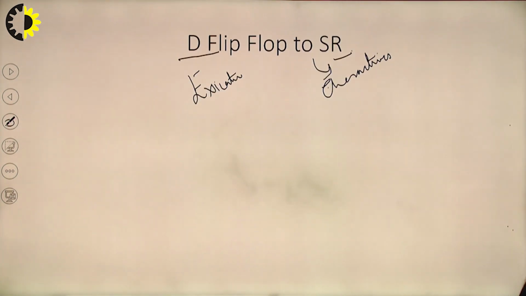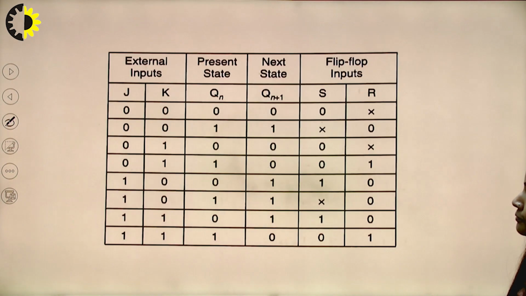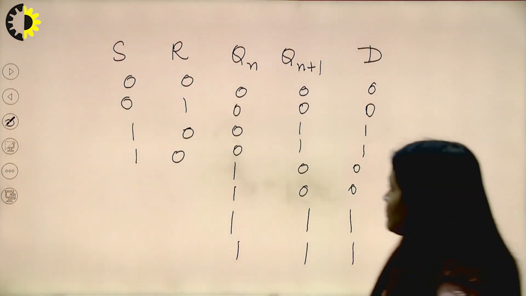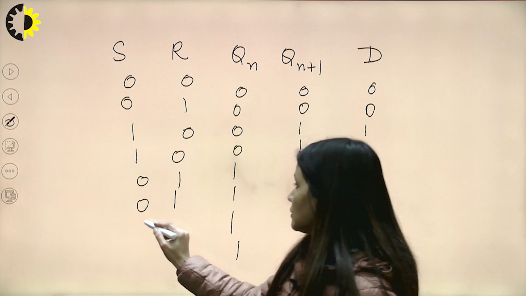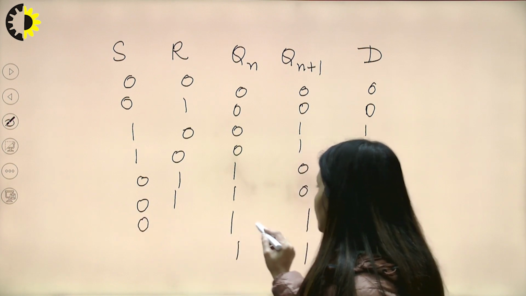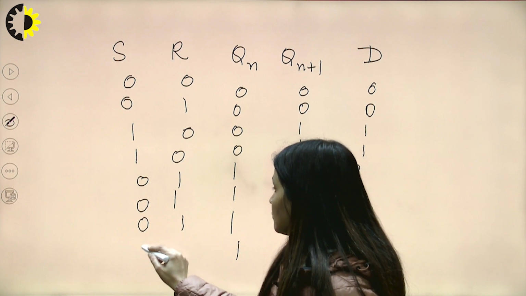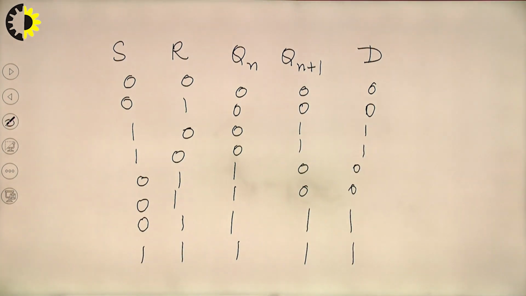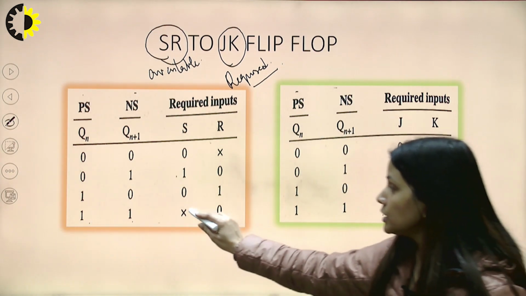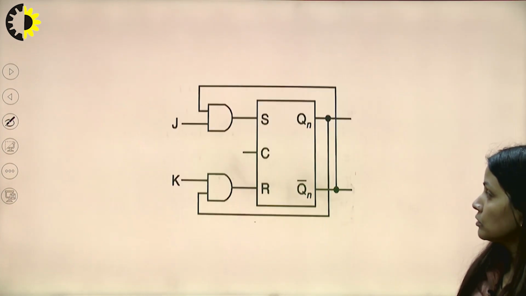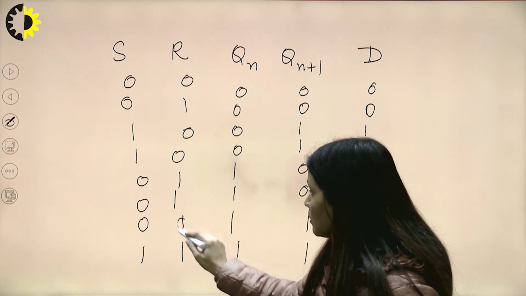For 1 0 again you refer to this one, 0 1 0 1 SR. And again for 1 1, it is 1 1 is for 0 0 and 1 0.